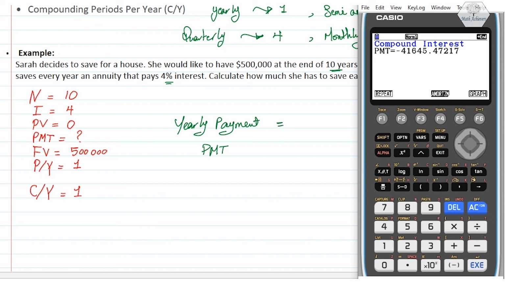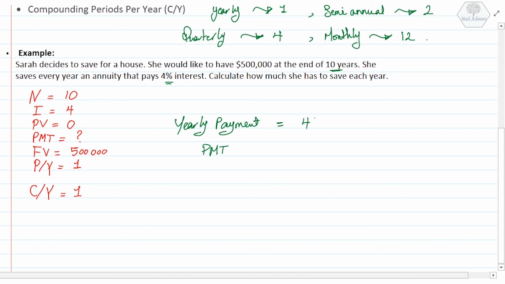We can find that the payment is 41,645. So the payment is 41,645 US dollars each year. I hope it's clear.